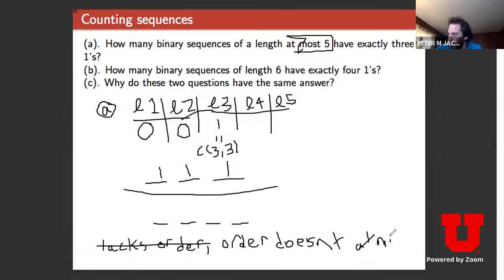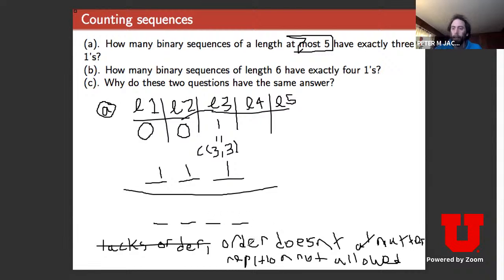So all we're doing is choosing 3 out of the 4 slots to hold the 3 ones.